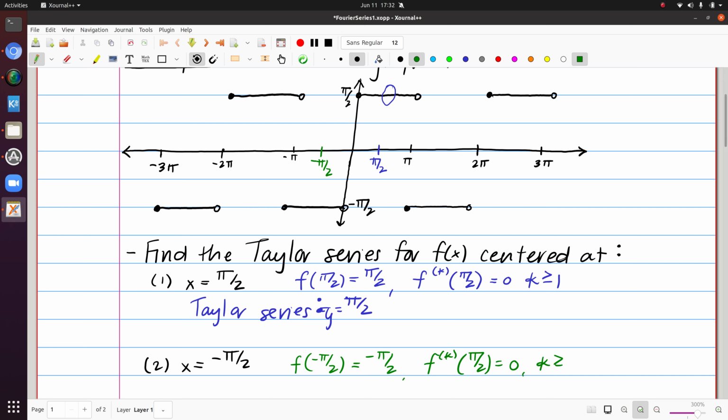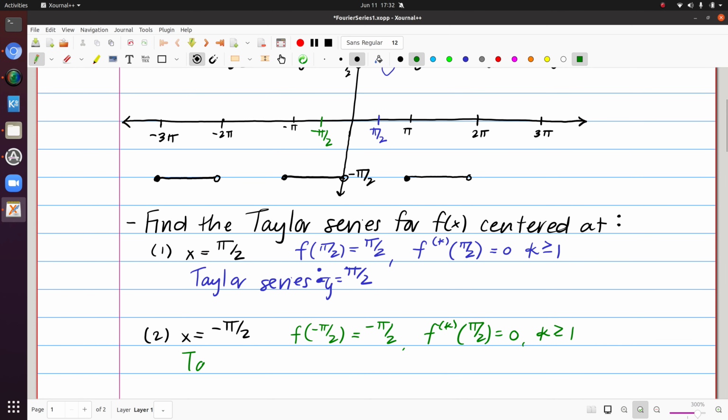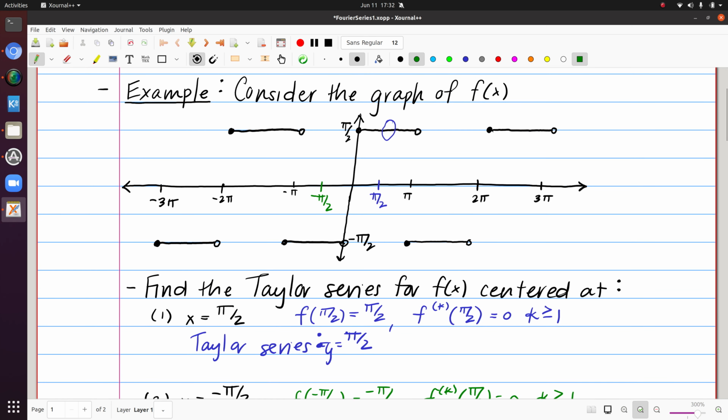So the Taylor series, if we just shift over a little bit, is likewise a constant function, but it's a very different constant function. So here we would get minus pi over 2, and this would be a good fit for my function, we see between, say, minus pi and 0, but not outside of that.